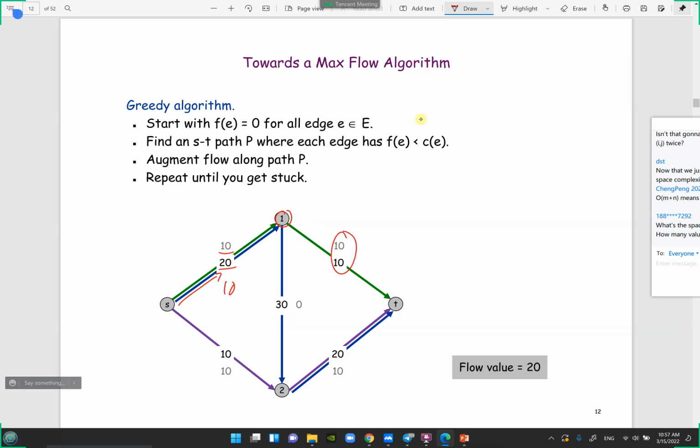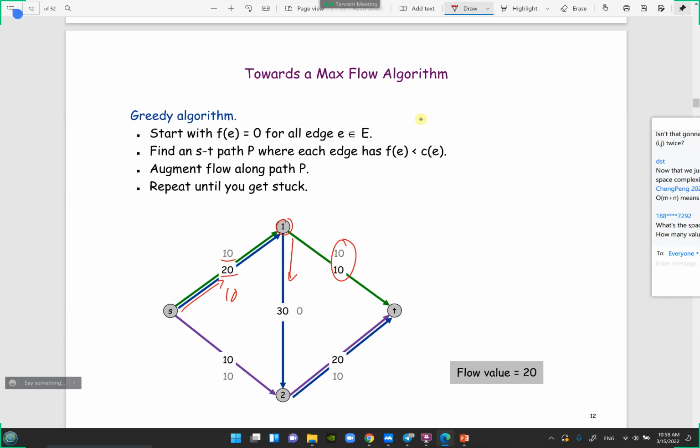So instead, you're going to send the flow downwards, 10 units of flow like this. And once the flow gets over here, you see that you still have 10 leftover capacity on this edge, so you can send the flow over here.